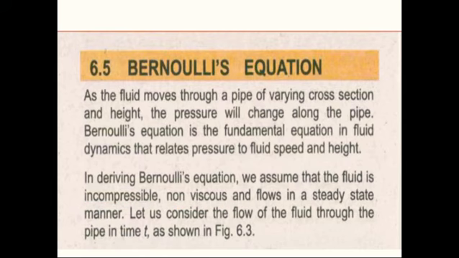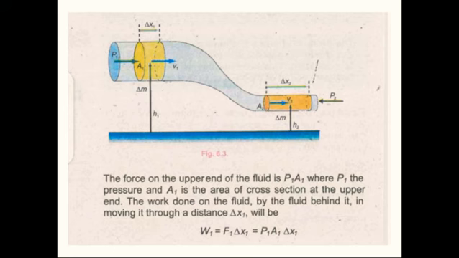Now let us consider the flow of the fluid through the pipe in time t. We have discussed the diagram. The force on the upper end of the fluid is written here as P1A1.